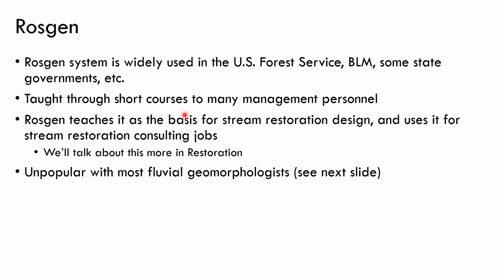Dave Rosgen also teaches this as a basis for stream restoration design. We'll talk about this more in restoration, but he has prescriptions for, say, if you have a B stream and you want to get to an A stream, here are the things you can do.